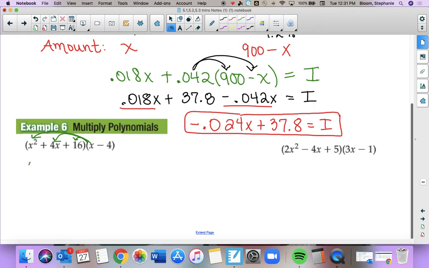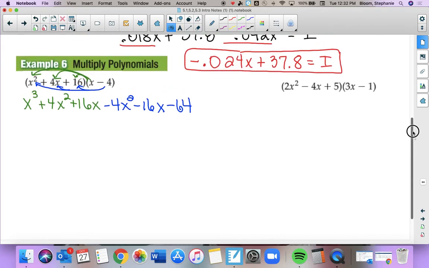So if I do x, I would get x cubed plus 4x squared plus 16x. Now I'm going to distribute my negative 4 through to all three, and that would give me negative 4x squared minus 16x minus 64. And then we're going to combine like terms, right?